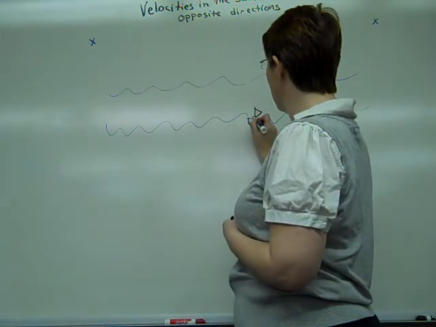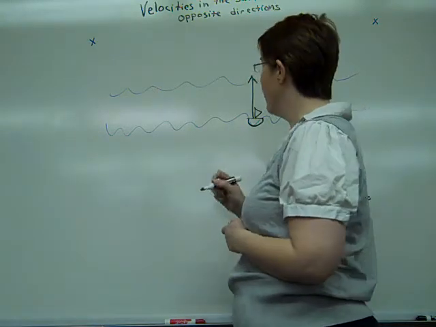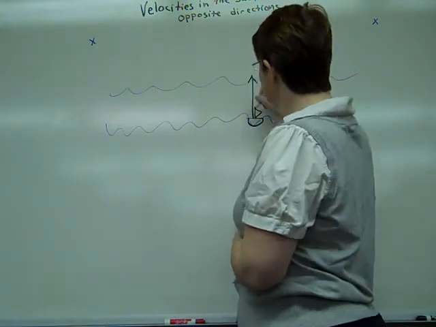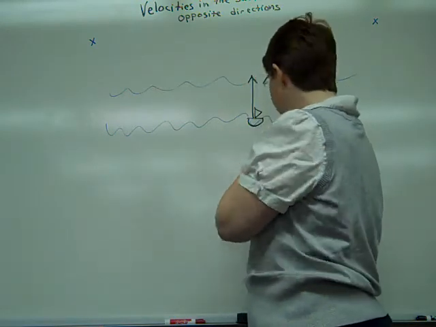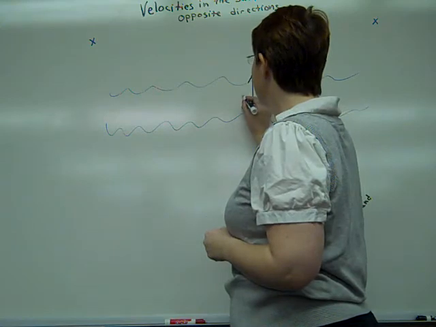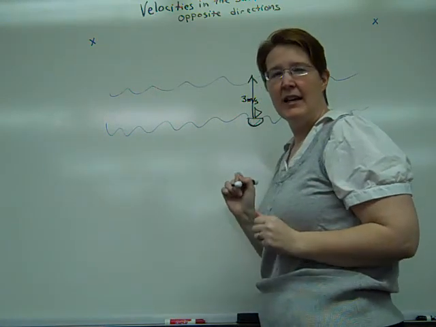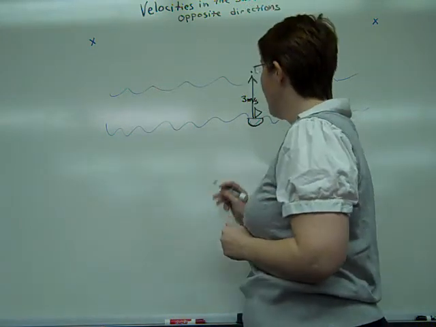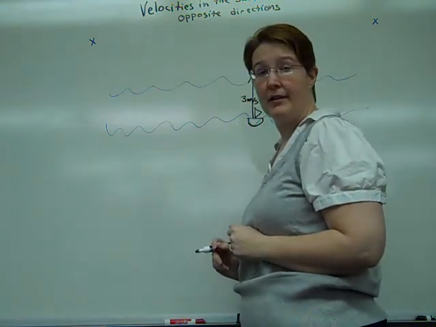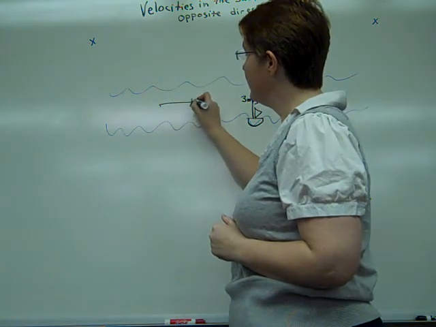Let's say it's trying to go straight across the river at 3 meters per second. Is the boat going to be right here if all it goes is forward? What about the fact that the river is moving too?